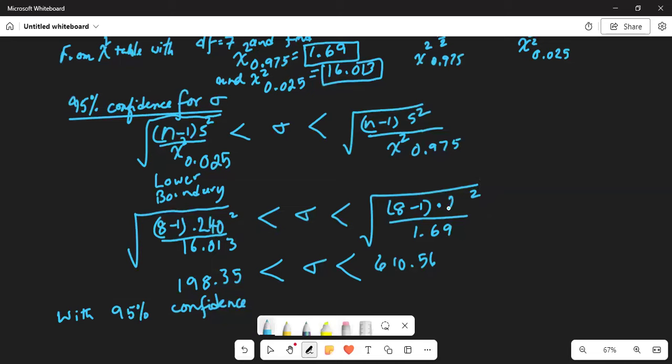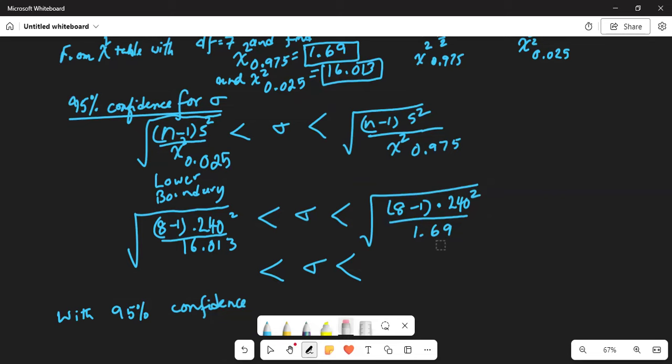So let's see how much we get. Why did I change from 300 to 240? 300 was found in a particular sample of size 8. Now, the normal standard deviation is 240, as given in the first line of the problem statement.